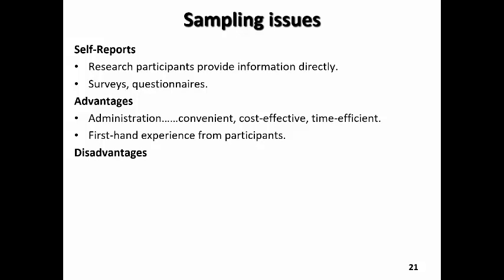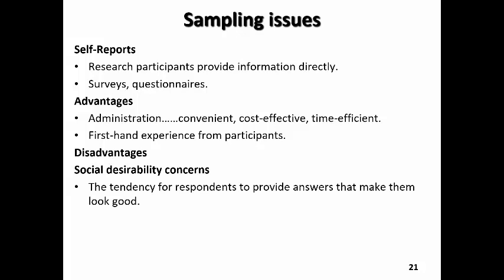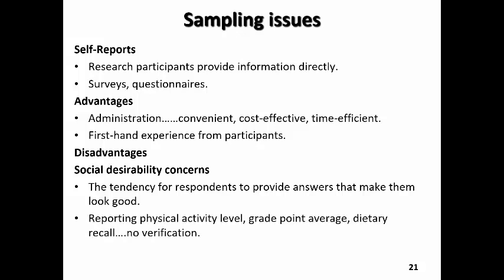However, there are a number of disadvantages with self-reports that researchers should be aware of. The first has to do with social desirability concerns, that if the research participant is providing the information directly, if they're gathering the information and providing it to the researchers, some participants may wish to provide information that makes them look good, where they are viewed in a favorable light by the researchers, and there is certainly that tendency.